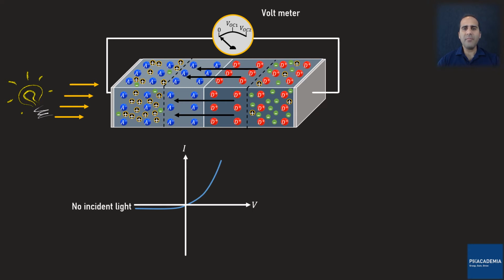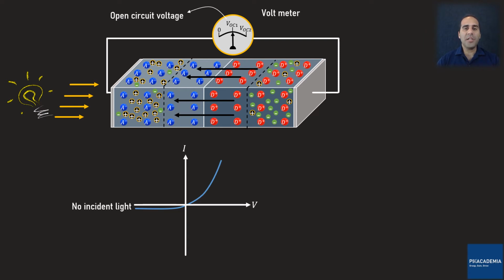So, if you connect a voltmeter across the device, you'll notice some electrical potential or voltage level. Since the device is not loaded, or in other words, it is open circuit, this voltage level is called the open circuit voltage, V sub OC.